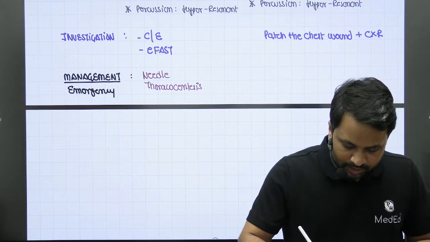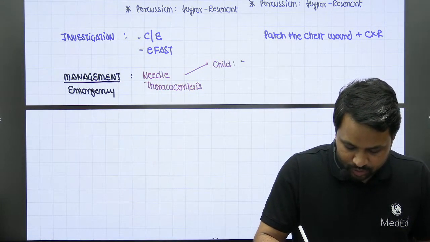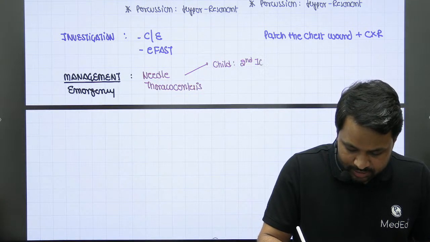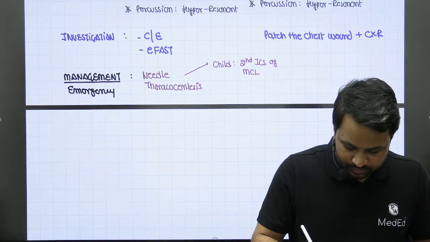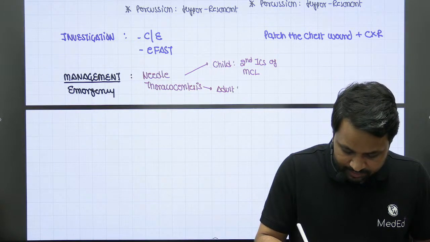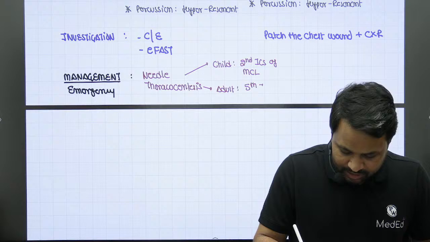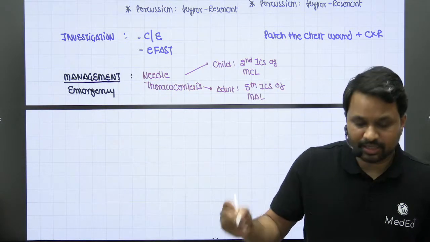If it is a child, I will put it in the second intercostal space of the mid-clavicular line. For an adult, I will put it in the fifth intercostal space of the mid-axillary line, right?